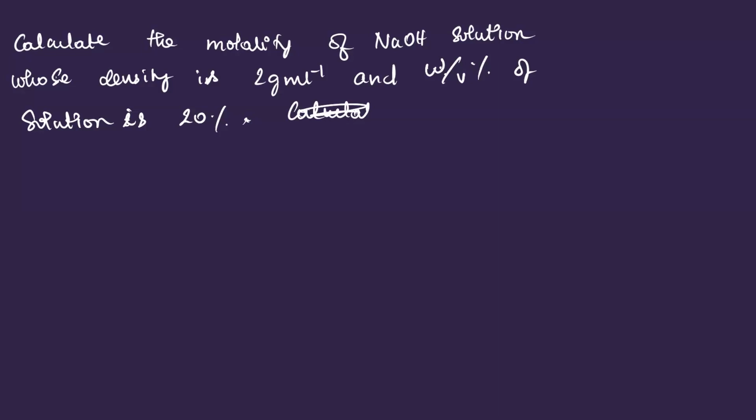Volume will be in ml, right? How to get the solvent? Wait a minute, this is the mass of what? Solution. But what do you want? Mass of solvent, right? The weight of the solute is 20. So this is the given weight.